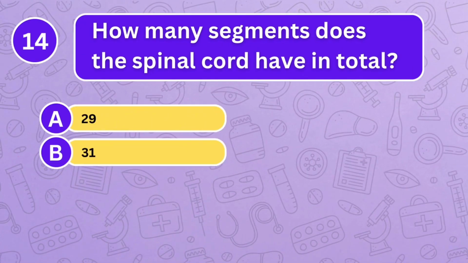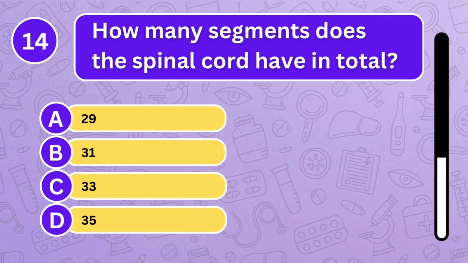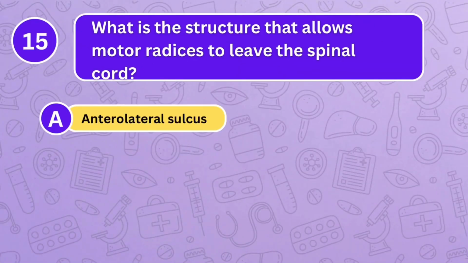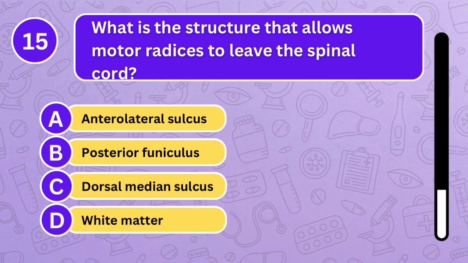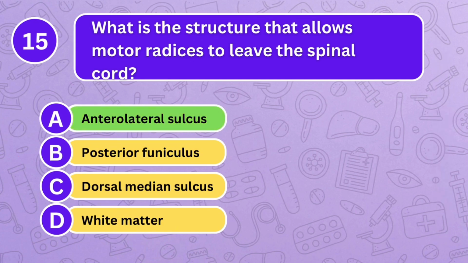How many segments does the spinal cord have in total? 31 segments. What is the structure that allows motor radices to leave the spinal cord? Anterolateral sulcus.